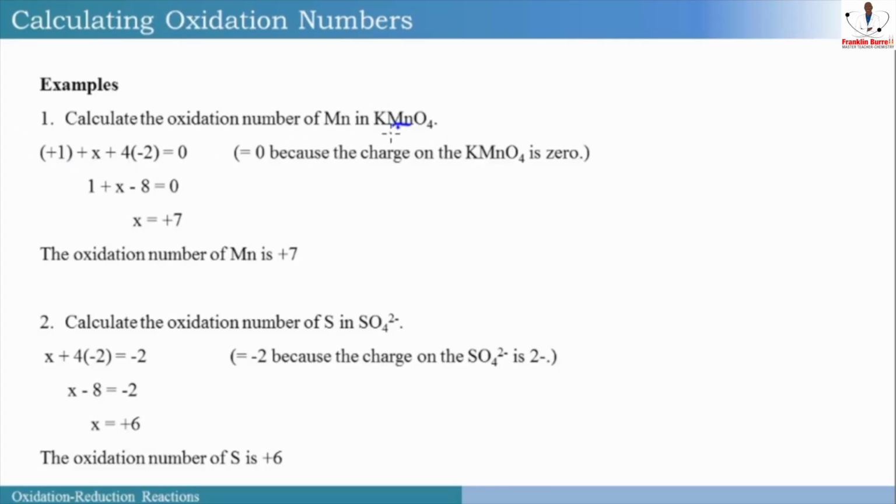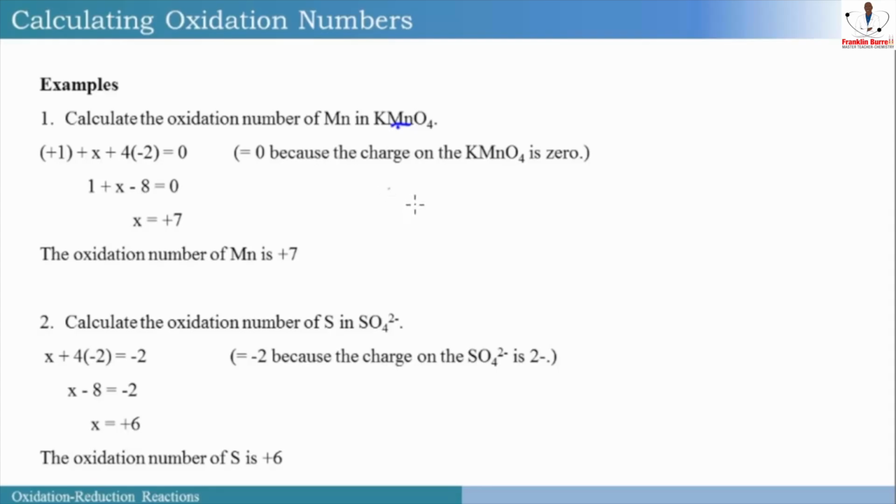X is our unknown, Mn, and we are going to add now 4 times the oxidation number of oxygen. According to the rule, the sum of all oxidation numbers in a compound is equal to 0. Then we will carry out our math to get the answer for Mn, and we'll place the charges here.